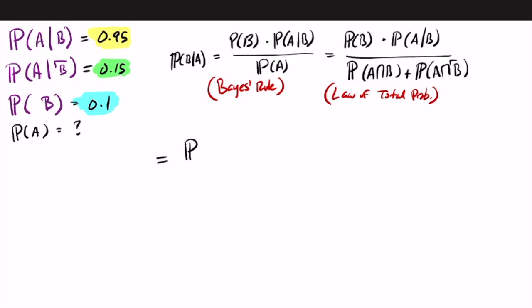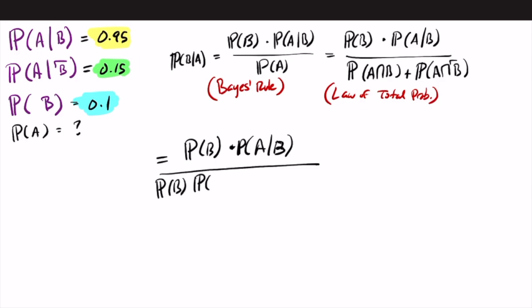So we still have the probability of B times the probability of A given B over, let's expand this further, the probability of B times the probability of A given B plus the probability of B's complement. Oh, well, let me redraw that or rewrite that.